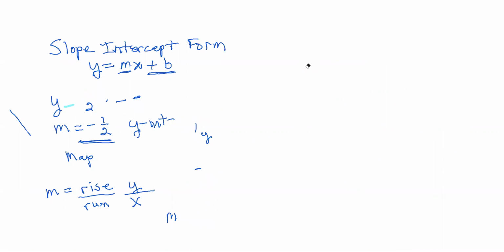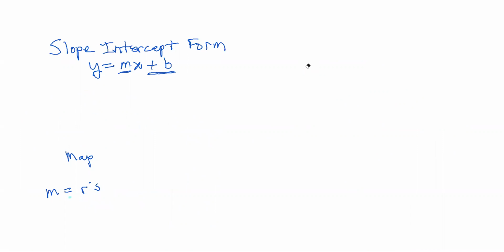I'll leave the y equals mx plus b, so we remember that's what we're working with here. Okay. Let's do 12x minus 8y equals 32.